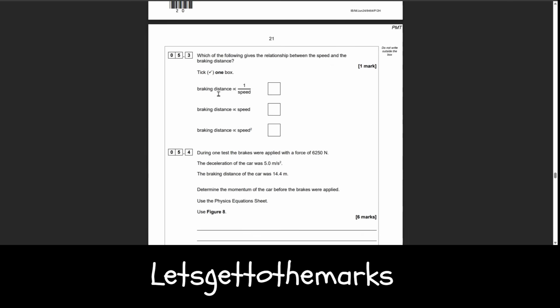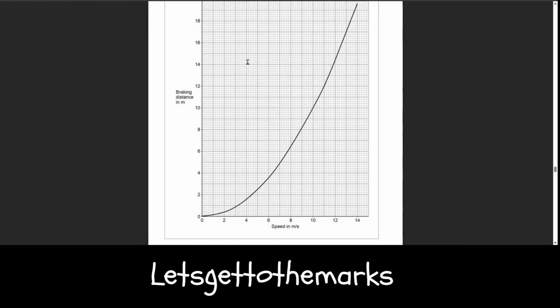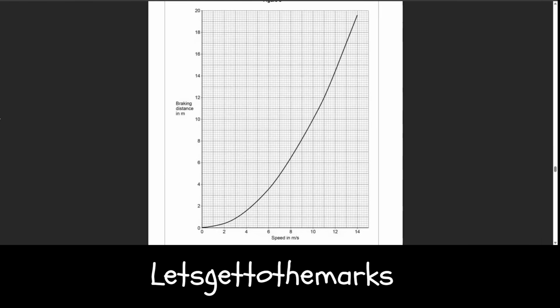Is the braking distance equal to 1 divided by the speed? Well, let's see. When the braking distance is 2, the speed is like 4.6. So if we go 1 divided by 4.6, do we get 2?